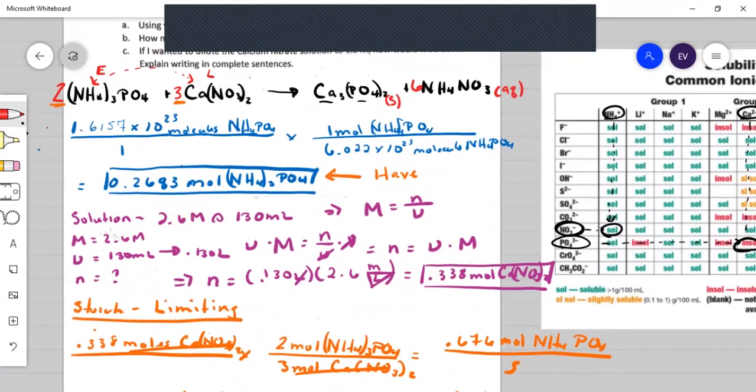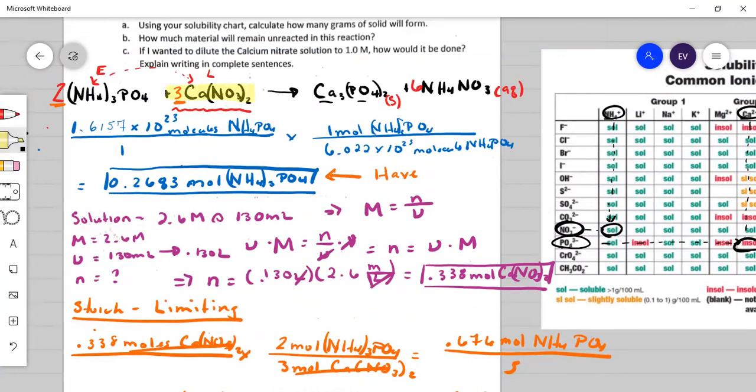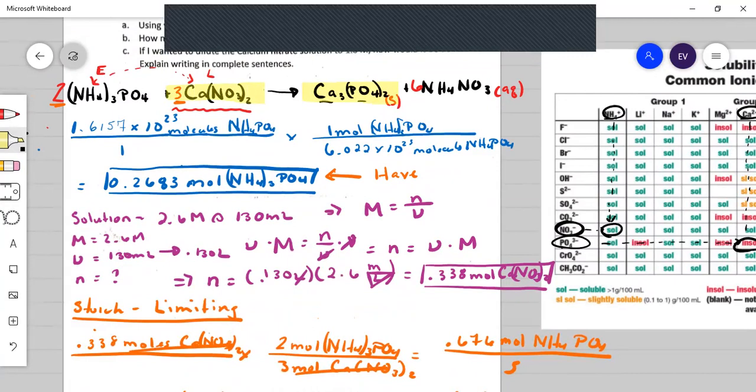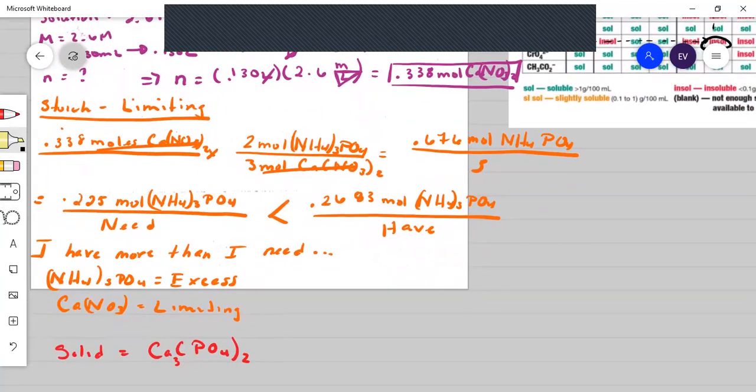So I'm going to take the mole ratio from the limiting reactant, my limiting reactant, to whichever product I want to calculate. In this case, I want to calculate calcium phosphate. So I'm going to take the mole ratio from calcium nitrate to calcium phosphate. The stoichiometry is what helps me determine how much of a product is formed.